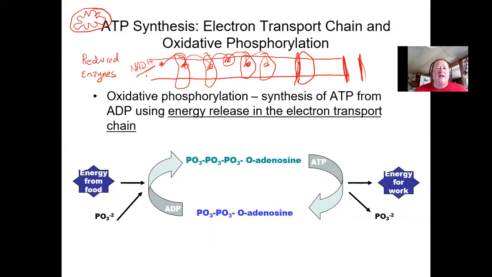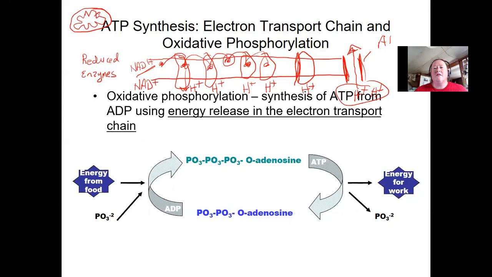And what happens is this NADH becomes oxidized and it turns into NAD plus because it lost its electron. Now, every single time we bump from one protein to another, it releases a hydrogen ion into the inner membrane space. And we get a buildup of hydrogen ions here, and they start to go back through that way.